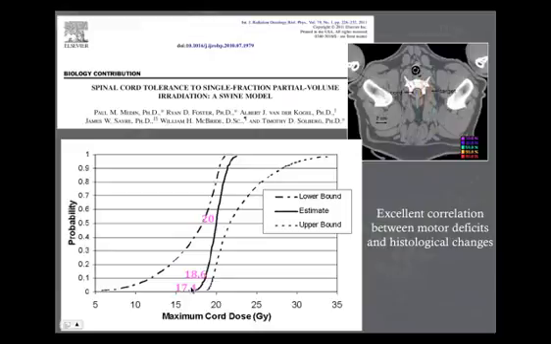At a dose of 17.4 gray, you have a 1% probability of myelopathy induced by radiation. If you raise from 17.4 to 18.6, you already increase to a 10% possibility. And if you increase only 3 gray, to 20 gray, you have 50%. That's the ED50 that the radiation oncologists talk about.